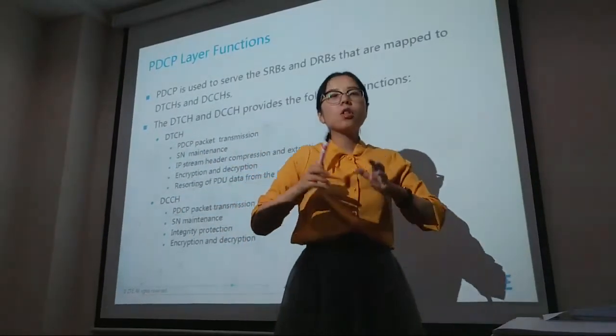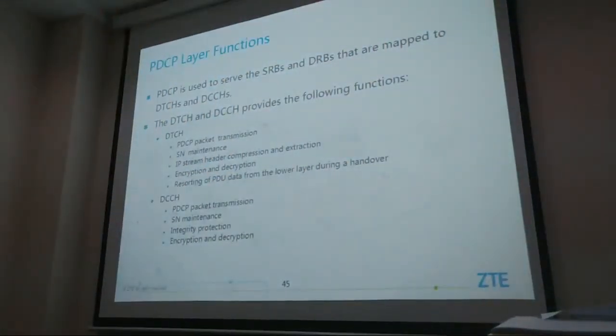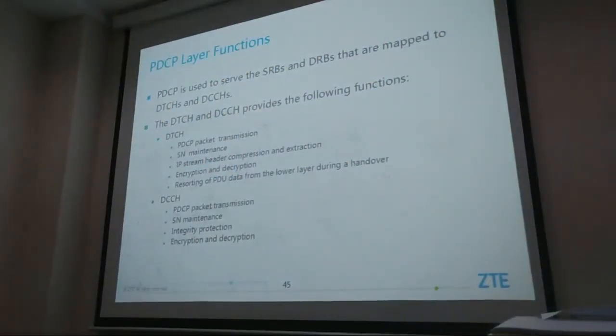Why does it not give the broadcast, the paging and the common signaling the protection, meaning integrity and security? For example, the MIB. Why didn't it give the MIB the protection?